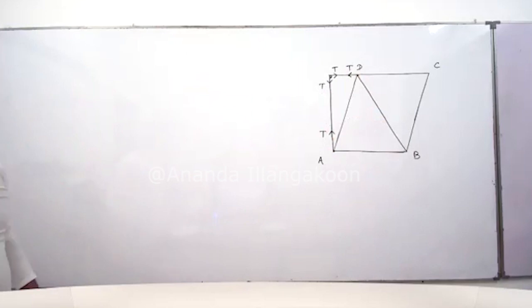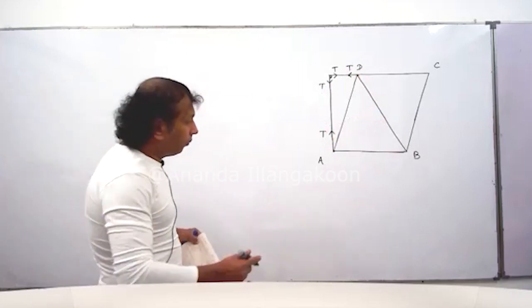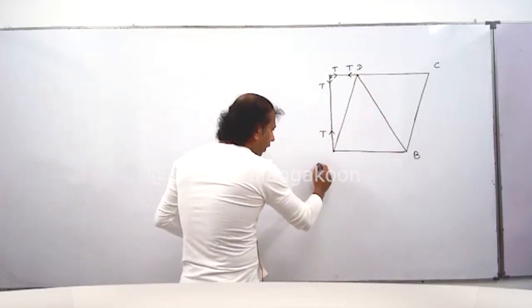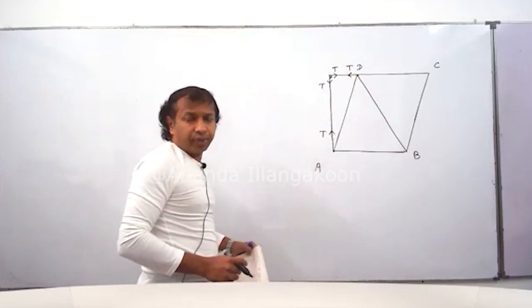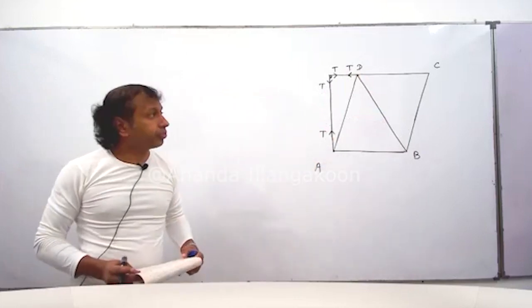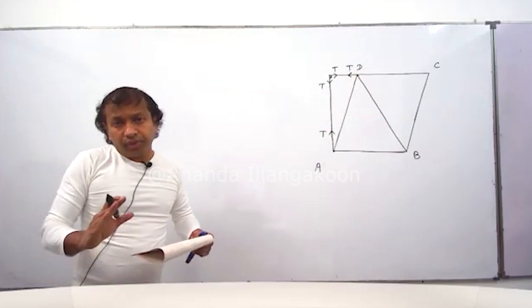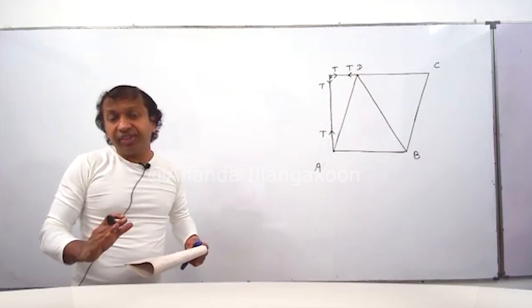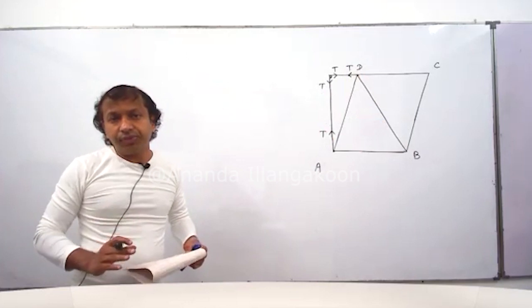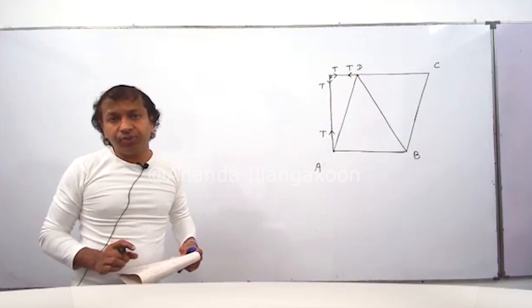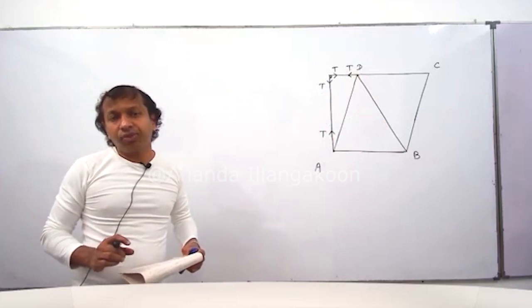The structure, the framework. Now we know at A there is a hinge. At a hinge, the reaction has no definite direction. For this, the reaction we mark by using two components, horizontally and vertically.